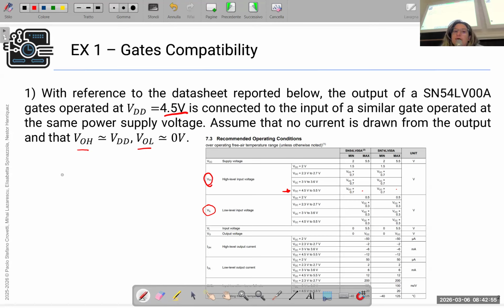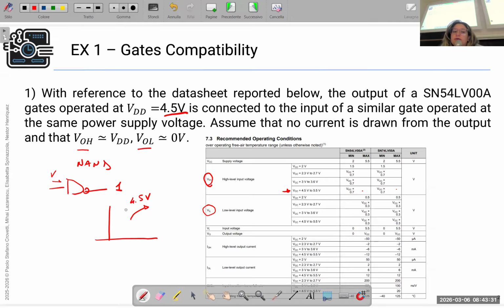Just a brief recap. If a gate operates, for example, this is an AND, no? If I told you that VOH is equal to VDD, it means that this gate will communicate 1 if the voltage supplied to it is higher than, in this case, 4.5 volt.